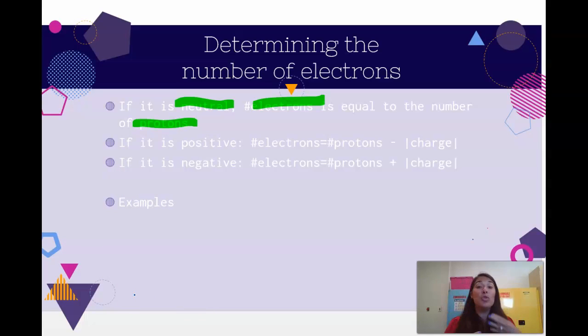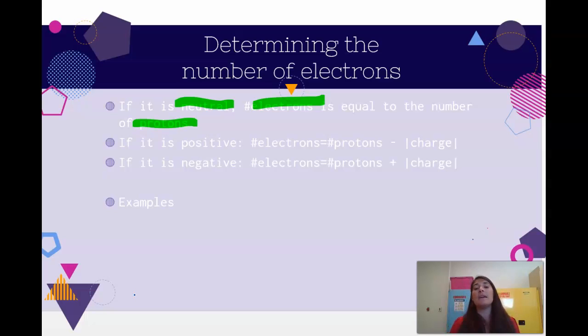What you do change is you make it either more or less electrons if something is negatively or positively charged. So the language I strongly suggest you use is that if something is positive, then there are that many less electrons. And if something is negative, there are that many more electrons. I'll say it again. If something is positive, there are that many less electrons.